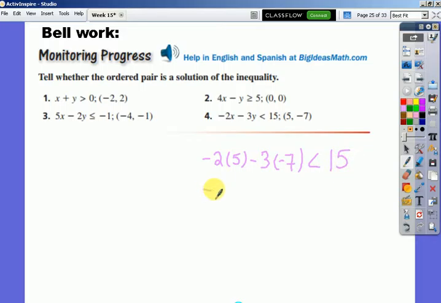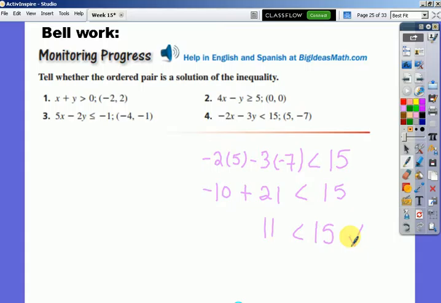So I have negative 10 plus 21. Remember, your negative times your negative yields a positive. So when I add those two, I get 11, and that is, in fact, less than 15. All right, do you have any questions?